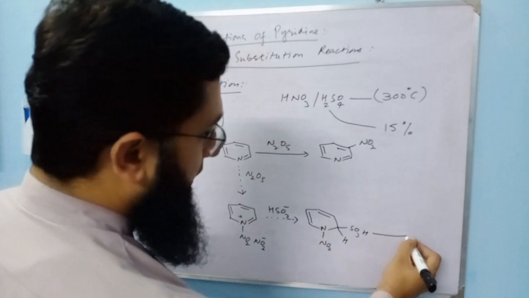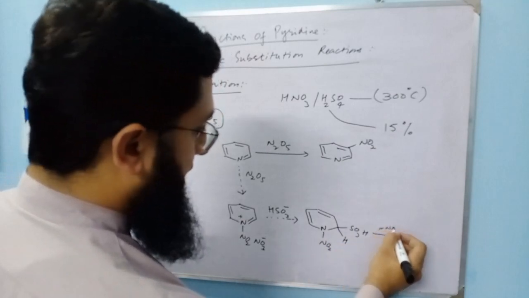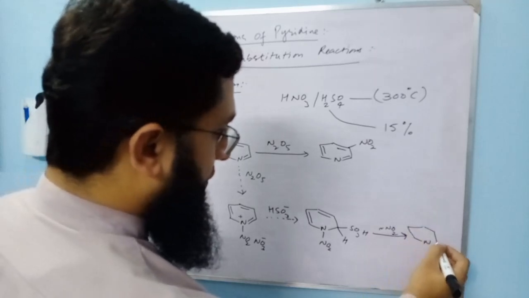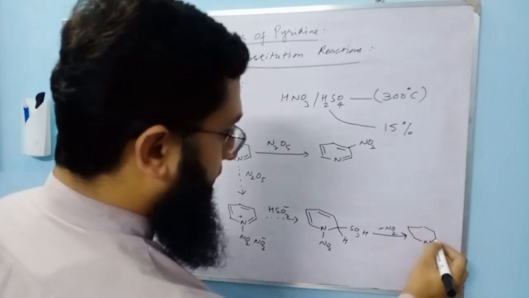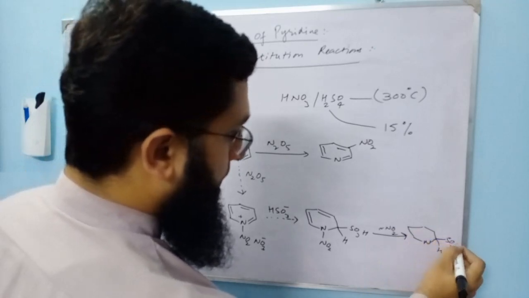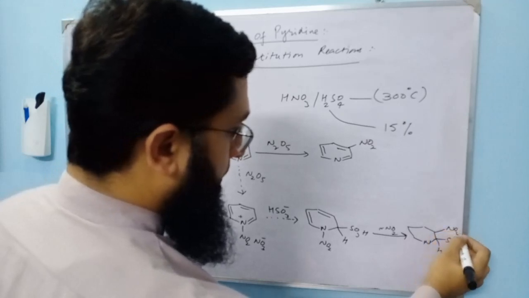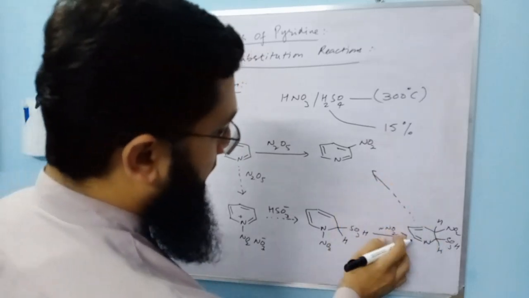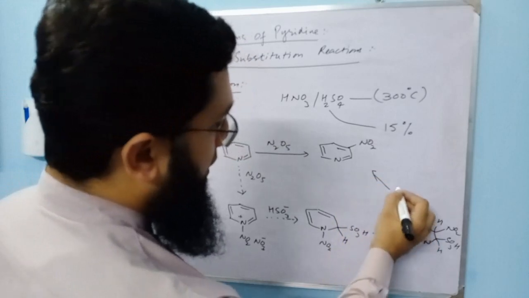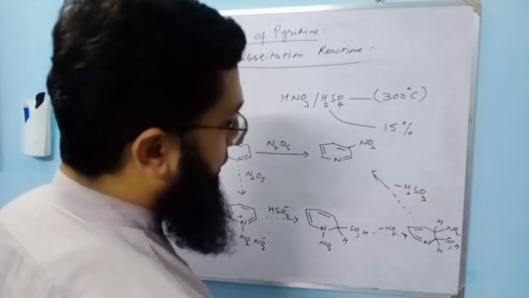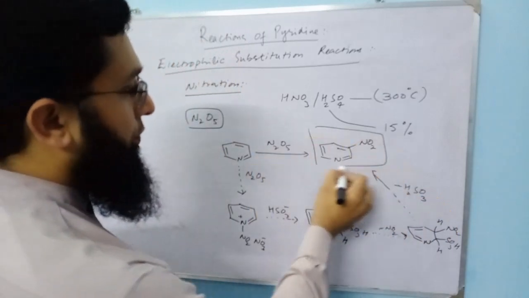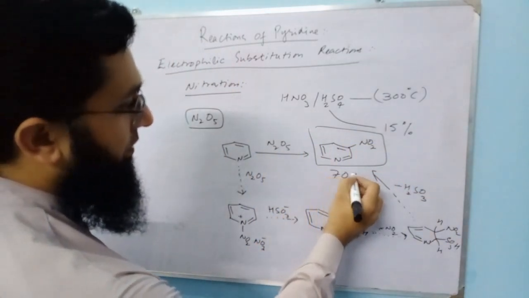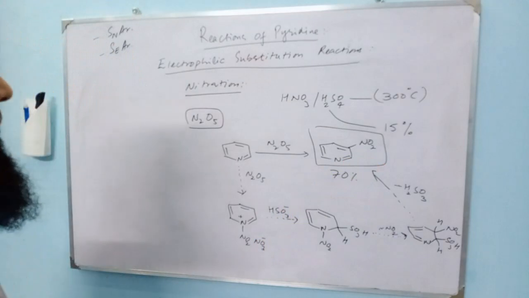In the next step, NO2 rearranges and is attached on 3 position, and in the final step H2SO3 is eliminated to form 3-nitropyridine, and with this method approximately 70% yield of 3-nitropyridine is obtained.